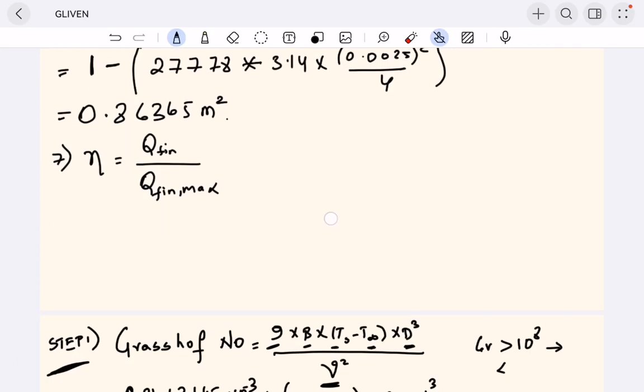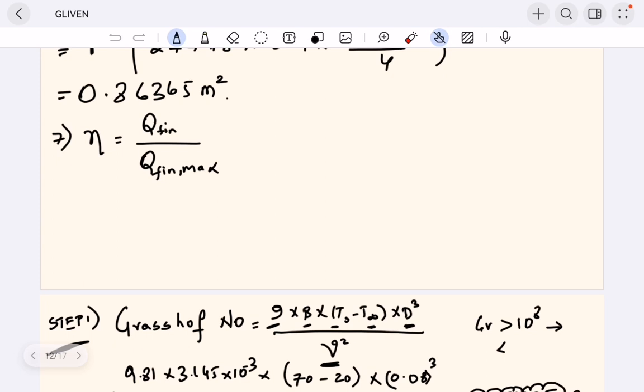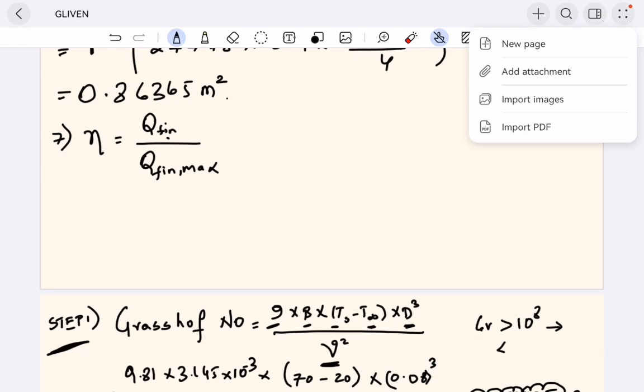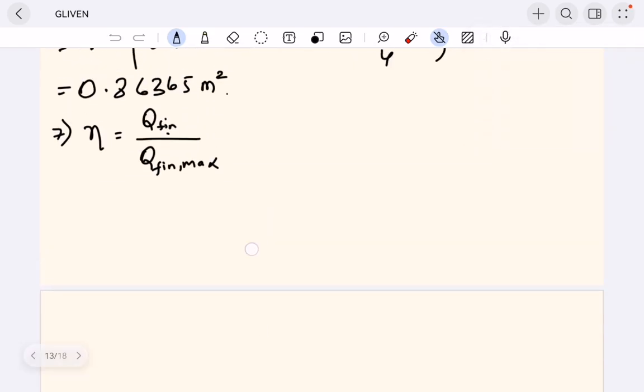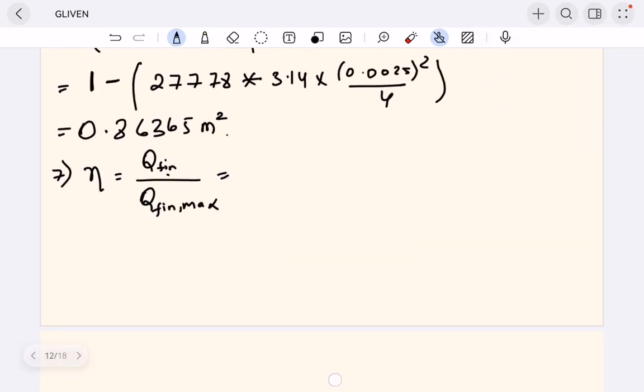So I know the efficiency, but what I don't know here is how much heat is getting dissipated from this fin area. So efficiency 93.47% is equal to Q fin, I don't know, over Q fin max.